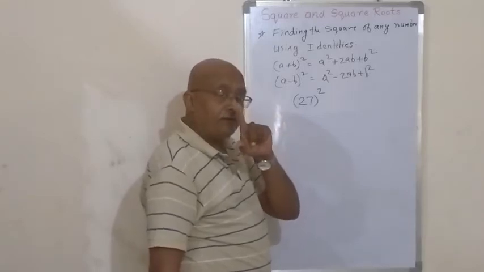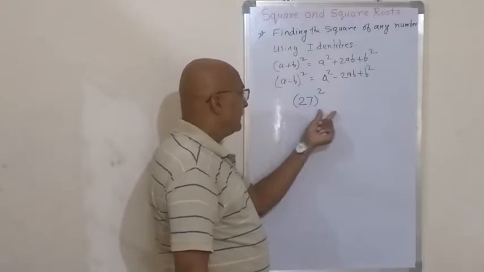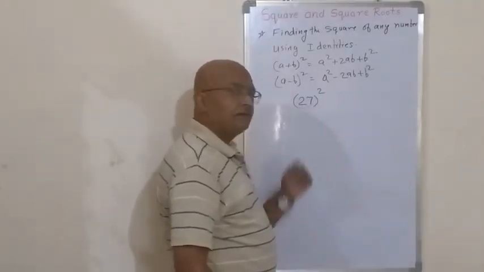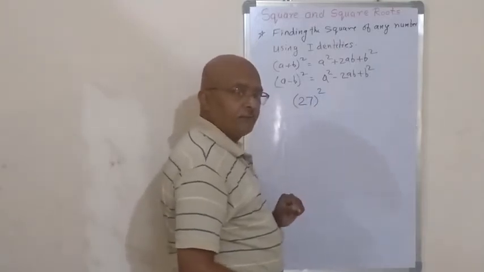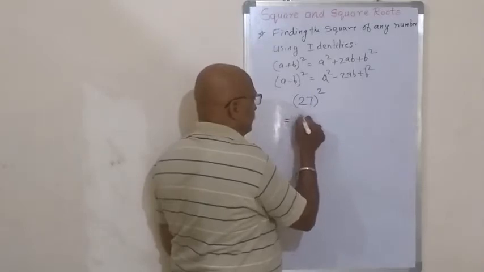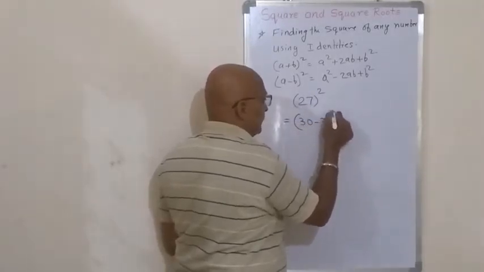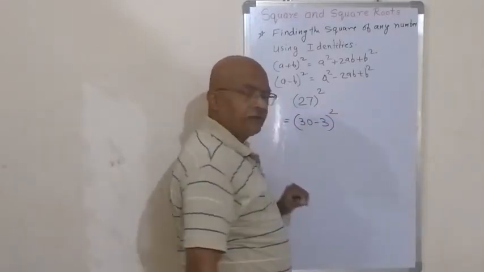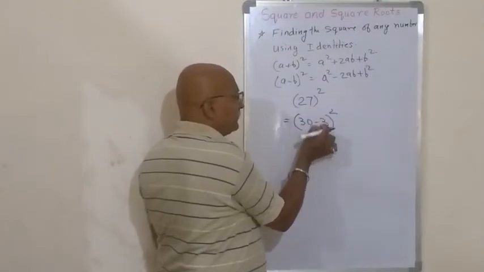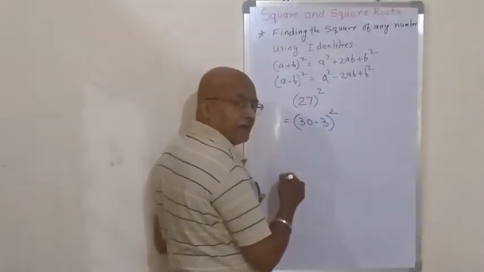This number lies between 20 and 30. Which is near to this? 30 is near to this, right? Now we can write this number as 30 minus 3 whole square. We can write this way. Now this is called splitting this 27. So 30 minus 3 is nothing but 27.